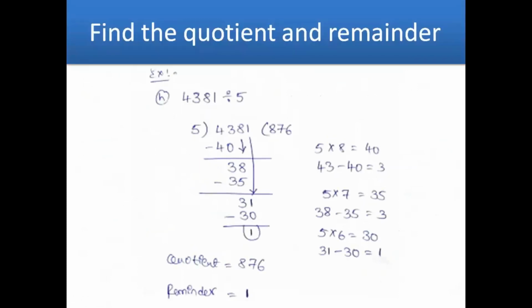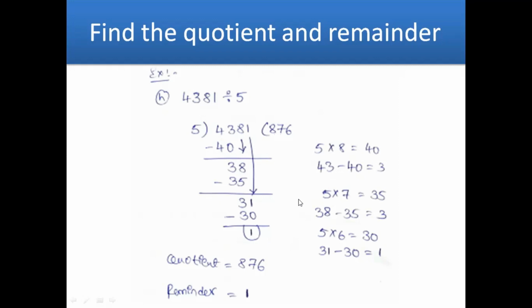Find the quotient and remainder. For example, 4381 divided by 5. 5 eights are 40. 5 table, 5 eights are 40. 43 minus 40, how much? 3. 8 write down. 38 will go in 5 table?